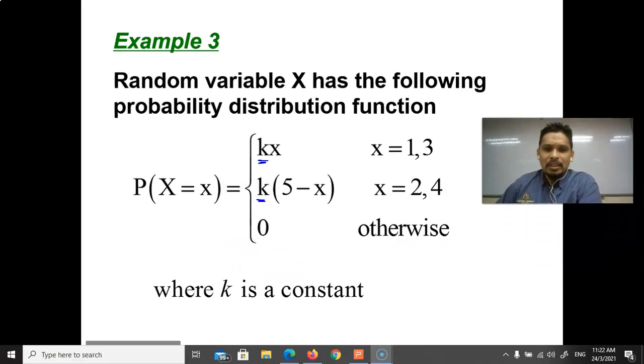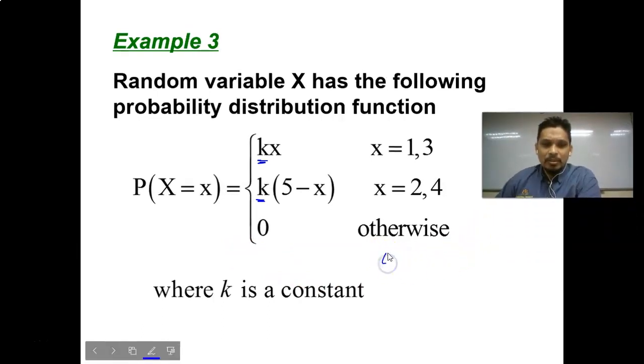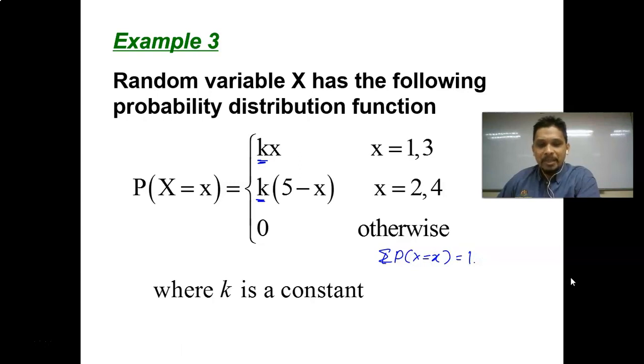Okay, so k is a constant. So if I make the summation of all the probabilities of x equal to 1, it begins from 1, 2, 3, 4. The rest are zeros.